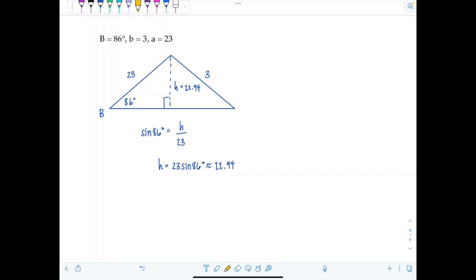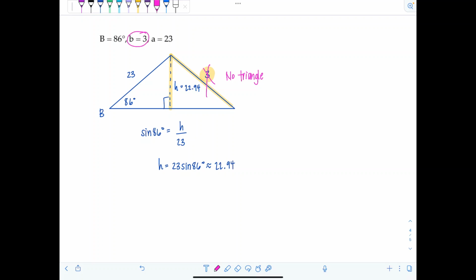So actually, oh my goodness, this makes no sense at all because the height is 22.94. So this would have to be longer than that. And 3 is clearly less than 22.94. So this triangle is not possible. There is no triangle. How could we have a triangle?